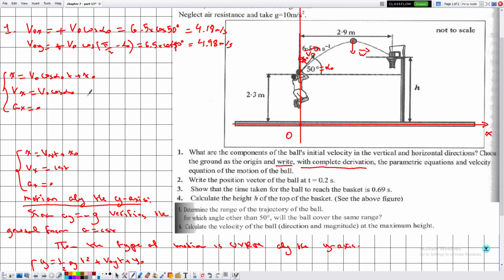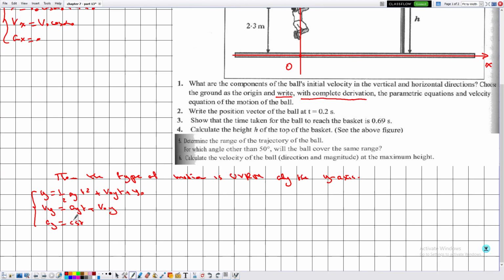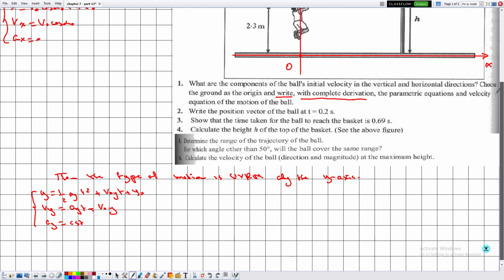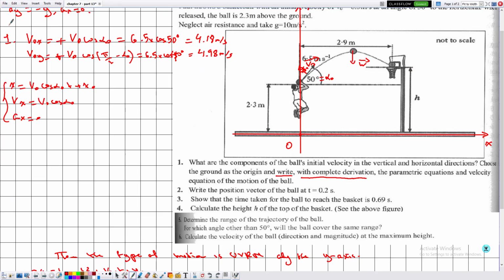Now as for the y component, ay is given by minus g, and as for v0y we have determined and it's given by this.